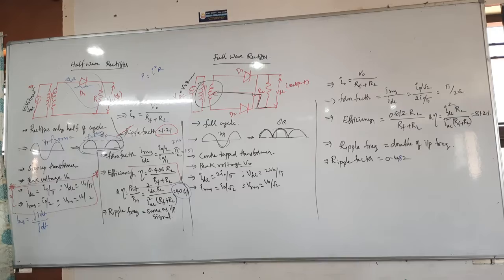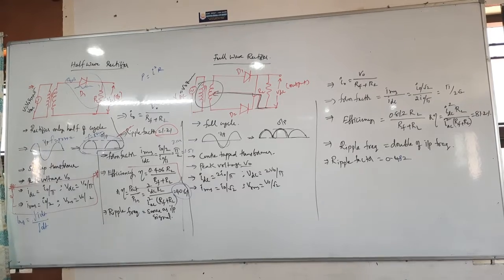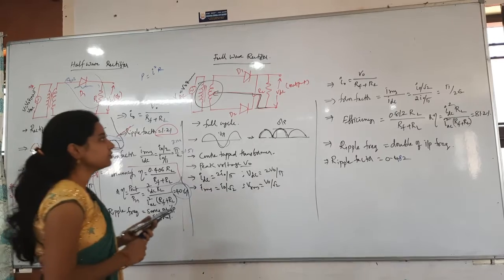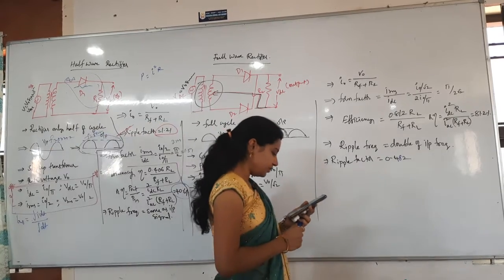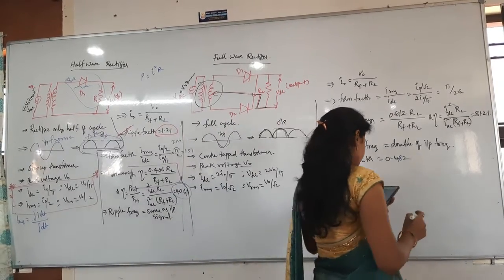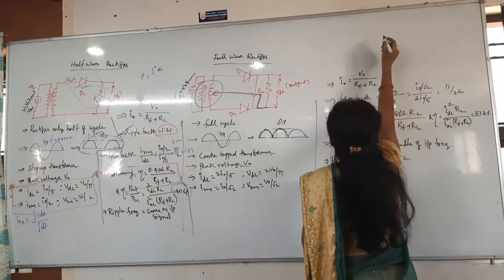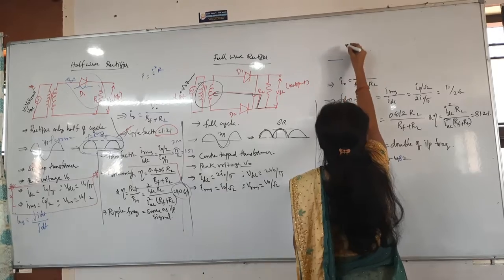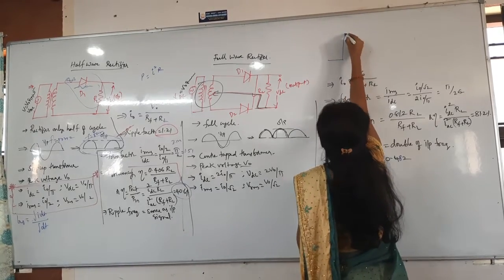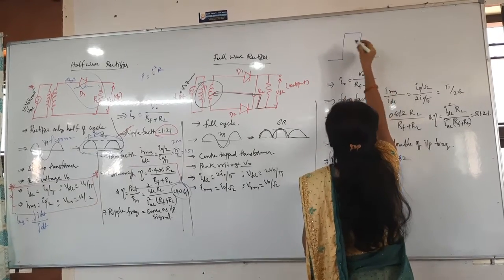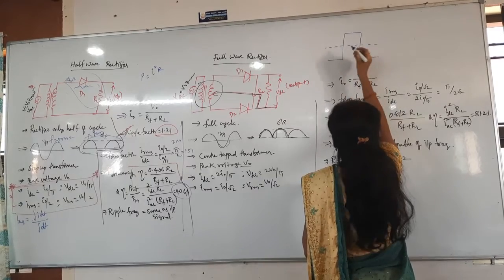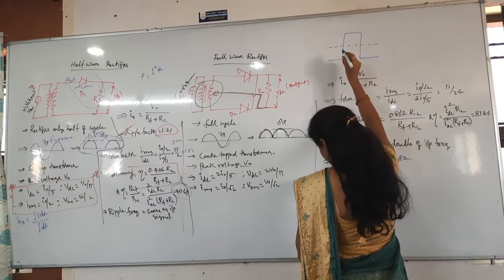Write a problem, the 2015 NEET problem. In a PN junction diode, the input signal of 10 volts is as shown in the figure.